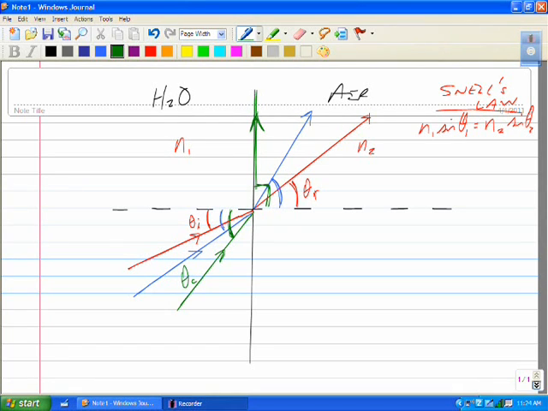When that happens, how much of that light makes it into the air? None. That's called total internal reflection. And yes, it's a concept, and I slowed down as I was writing it, so this would be something you do need to know.